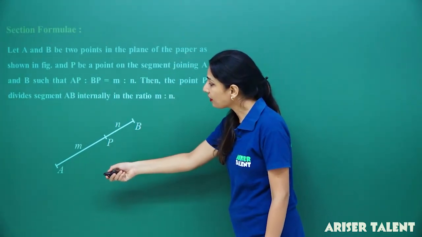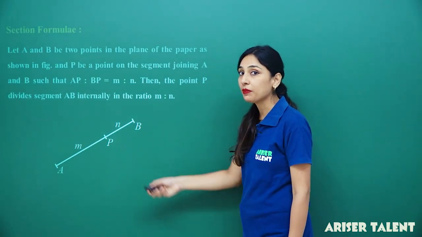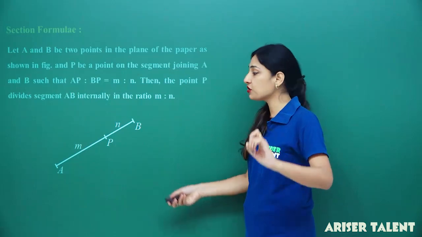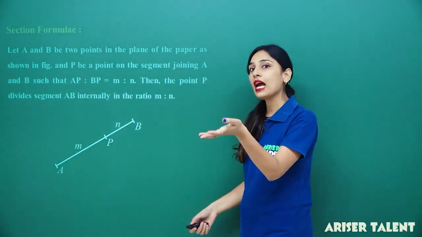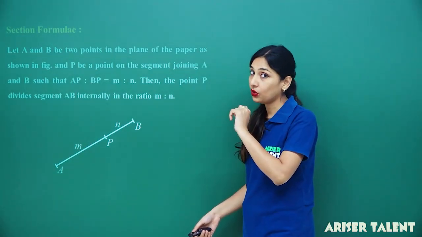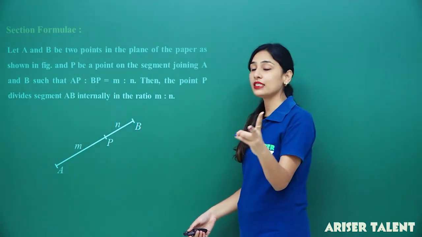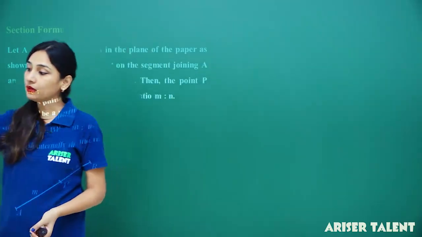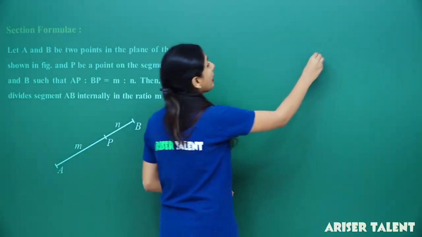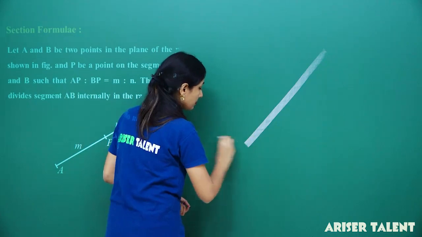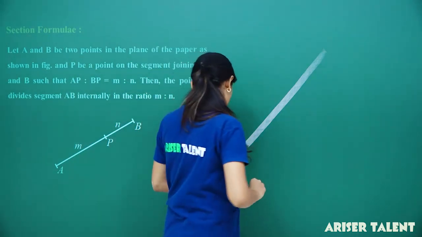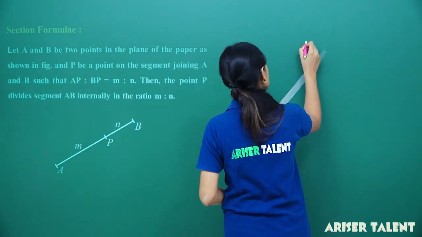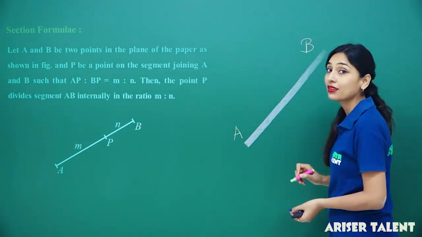Now, if I'm having this line AB, and I'm having a point which divides this AB line in m/n. So that can be done in two ways. I've told you that if this is a line and it's having some name, the name of the line is AB.